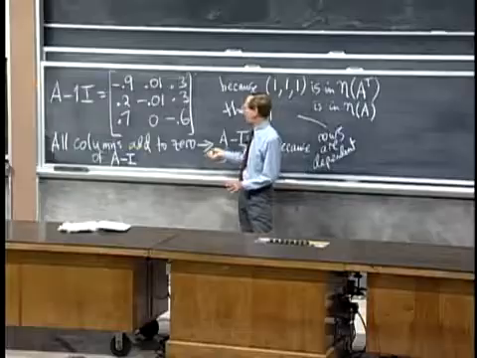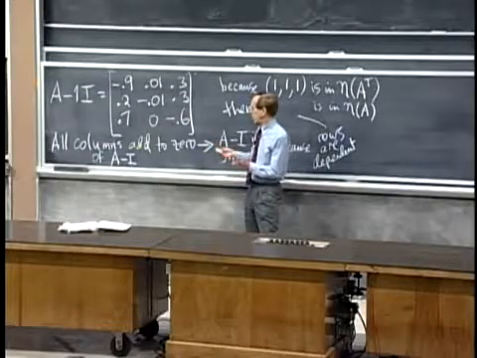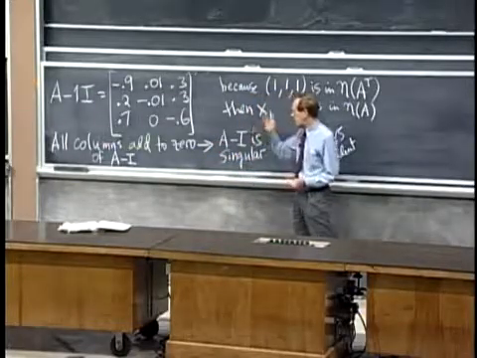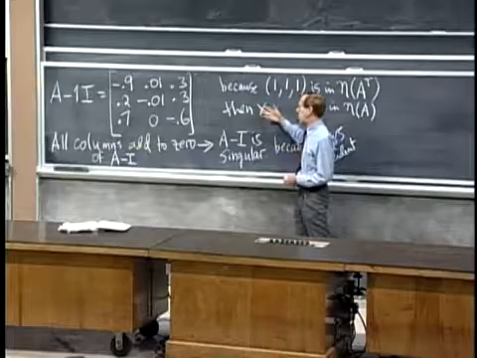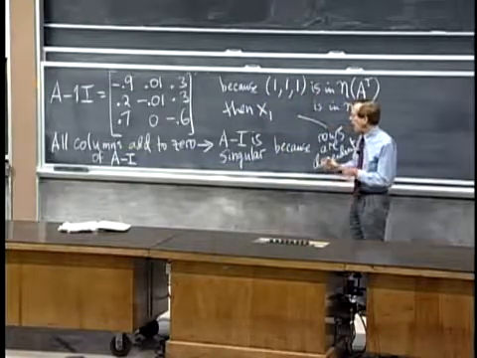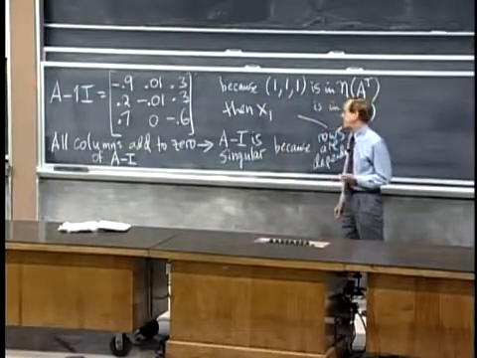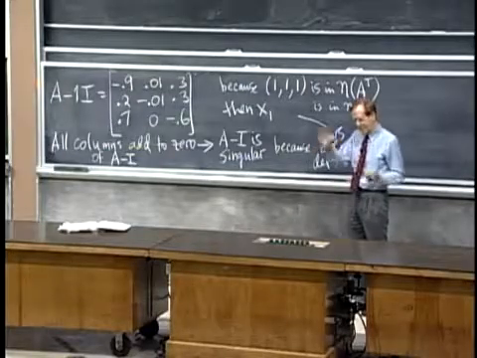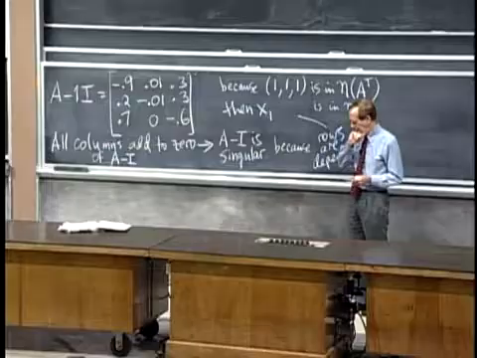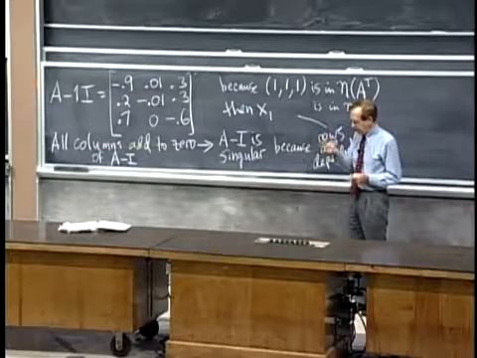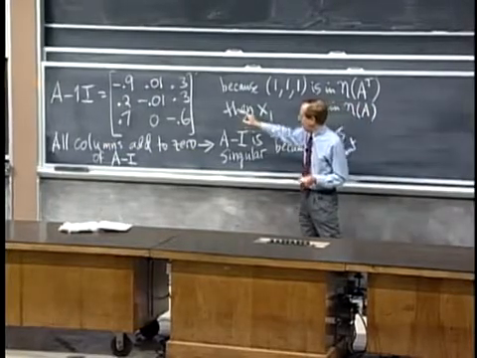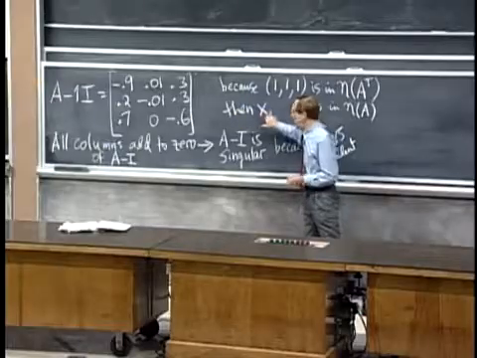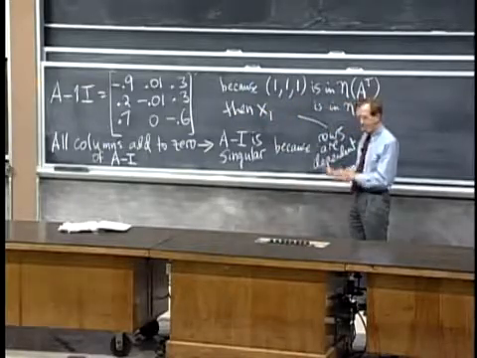Some combination of those 3 columns is the 0 column, and the 3 components in that combination are the eigenvector. And that guy is the steady state. Okay. So I'm happy about the thinking here, but I haven't completed it because I haven't found x1. But it's there.